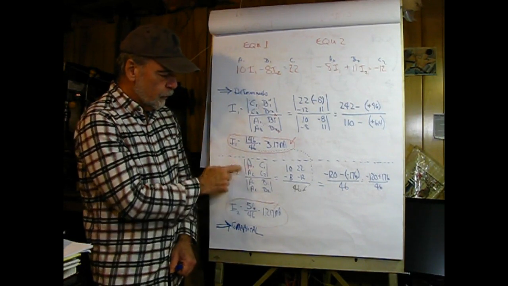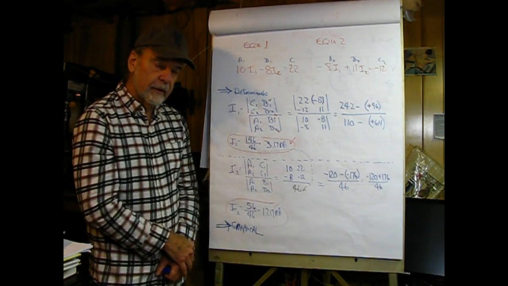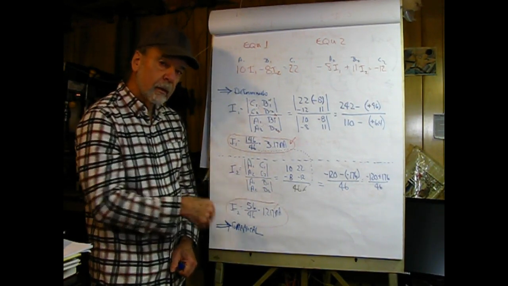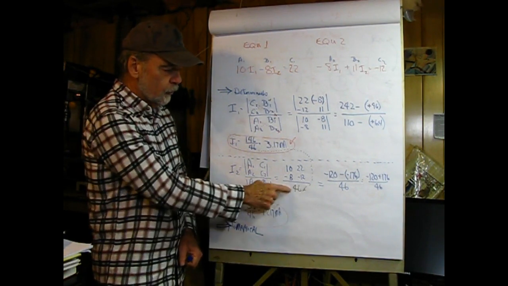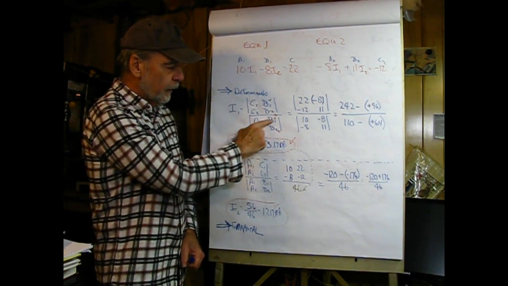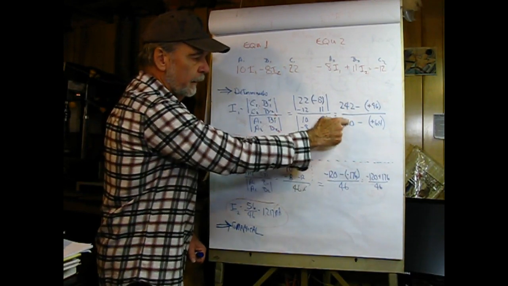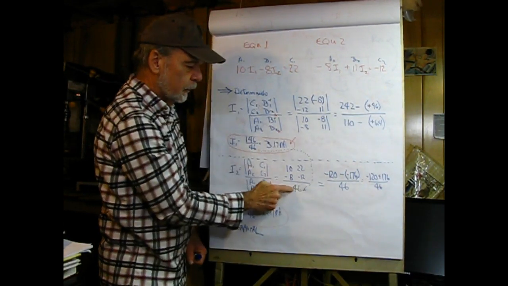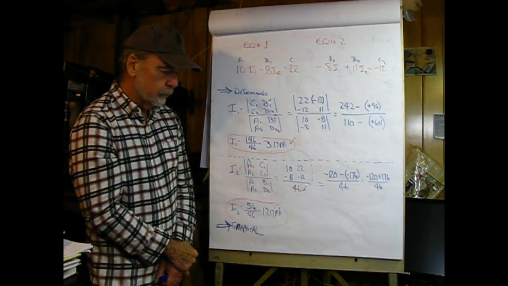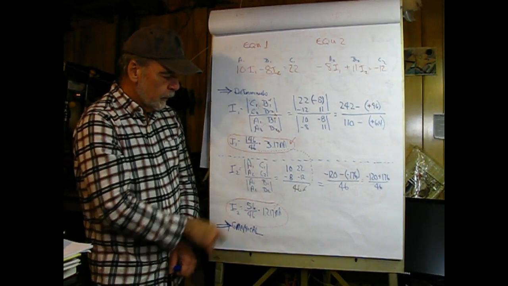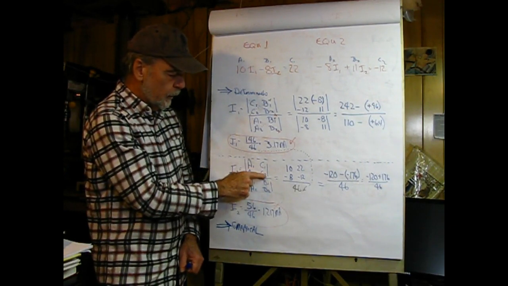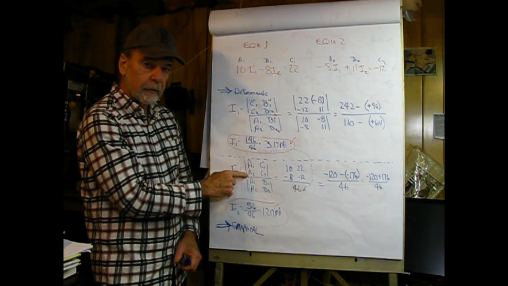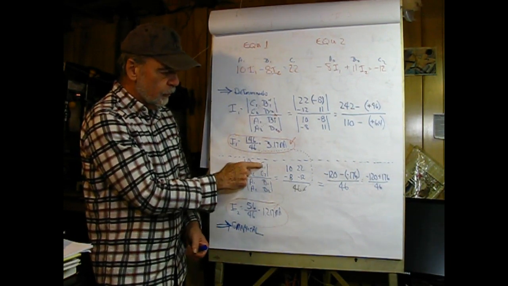Next, to solve for I2, notice that the numerator is a little bit different, but the denominator is the same. The good part about this is we can just use the 46 that we calculated already in the denominator, and we don't have to do that calculation again. So we multiply A1 times C2 and subtract from it the product of A2 times C1.